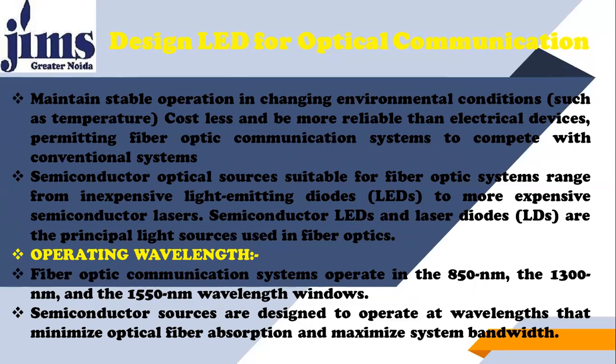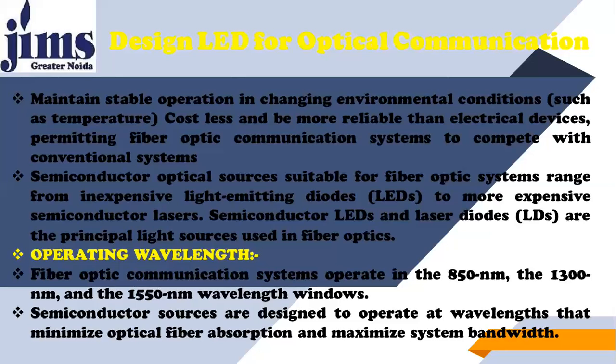But nowadays LED is also advanced. We have super luminescent LEDs. So semiconductor LEDs and laser diodes are the principal light sources used in optical fibers. So basically, two optical sources are available in optical communication: one is LED, another is LD, light emitting diodes and laser diodes.